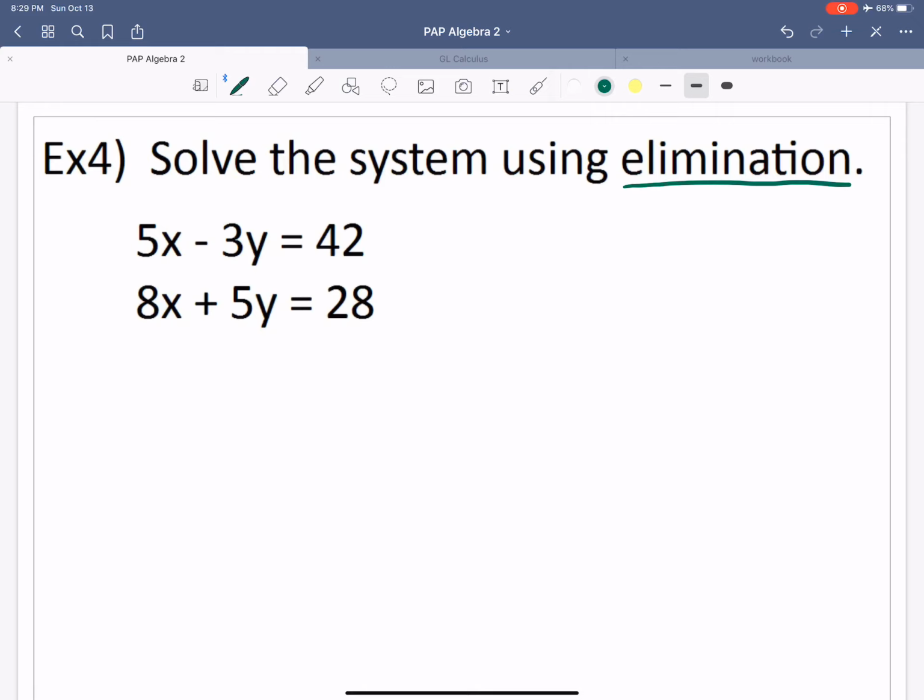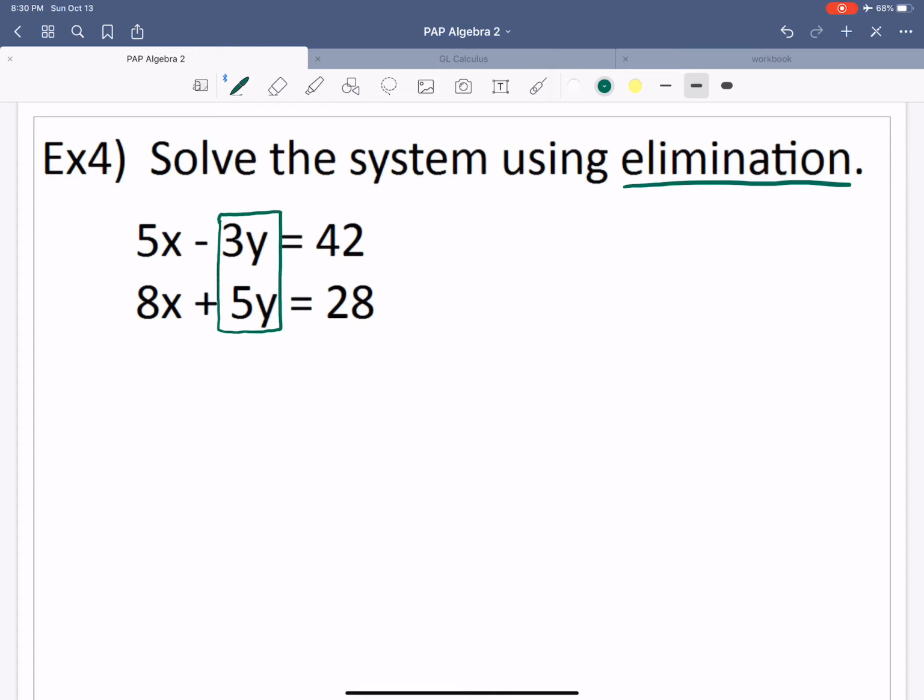As I look at these coefficients, the first thing you always want to look at with elimination is to make sure that everything is lined up accordingly. So make sure your x's are in one column, your y's are in a column, and then your equals and constants are all in one column. Then you want to decide, all right, I need to get one set of these coefficients to be the same. What I'm going to do is take the y coefficients and get those to be the same.